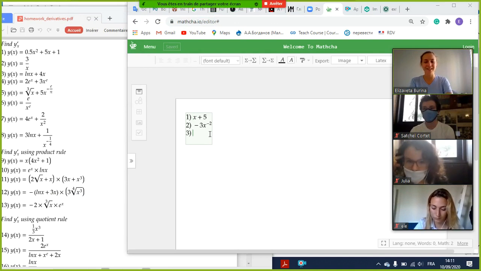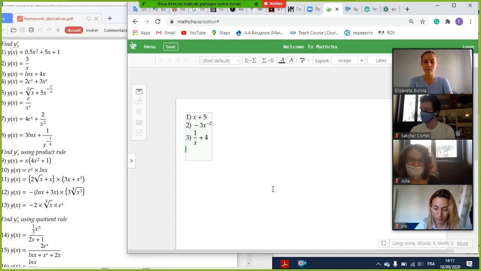Let's move on. So here we have a fraction of 1 over x. That's just standard log, plus 4. Got that correct. Then we have 2e to the power of x. Right?